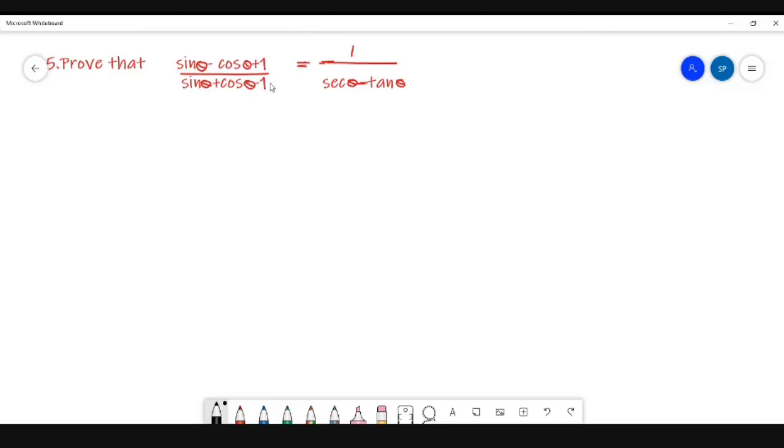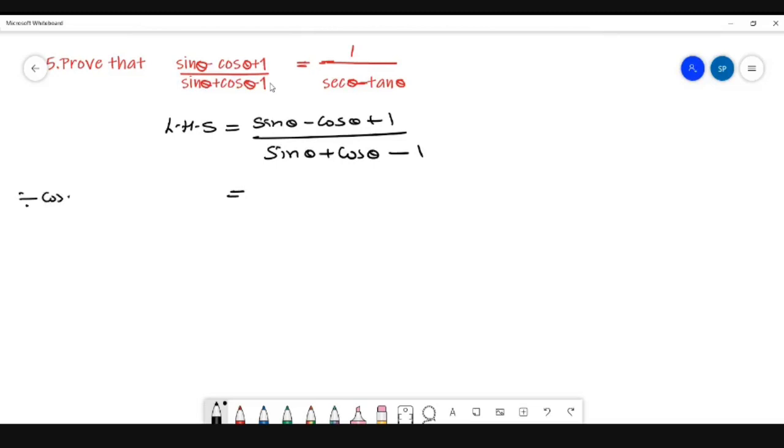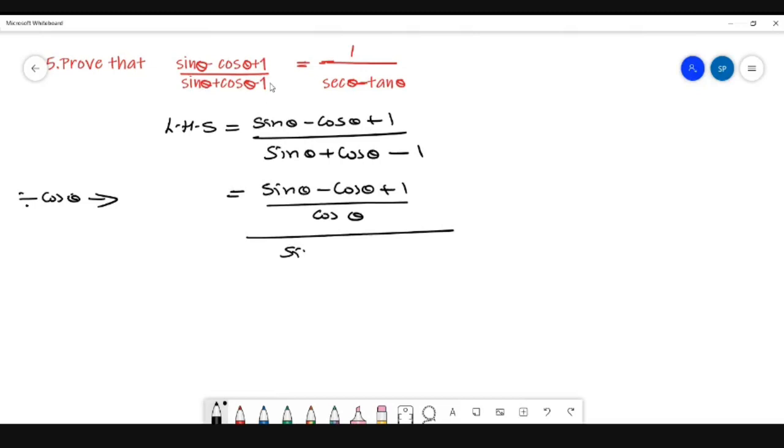So let us write like this. Dividing by cos theta, we get the numerator of the expression by cos theta, whole divided by the denominator also by cos theta.